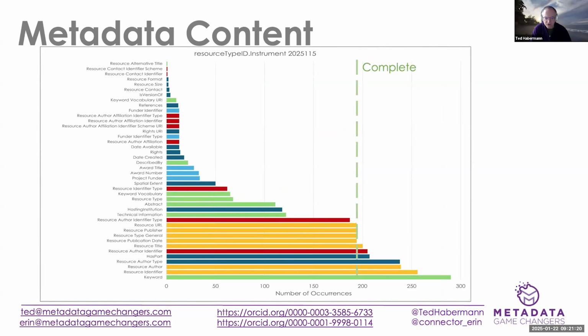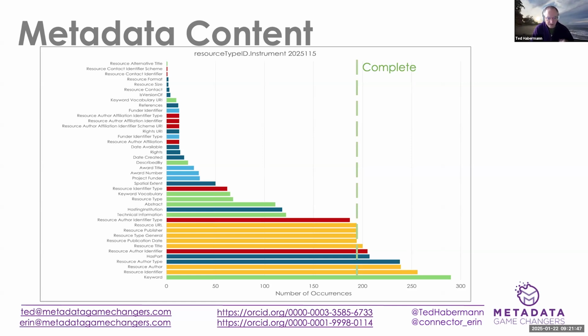There are, I guess there's actually 194 of them. So this line shows that a number of these metadata elements are complete. They occur more than the number of records, and in most cases, that means all of the records have them. The yellow bars in this are the required fields.